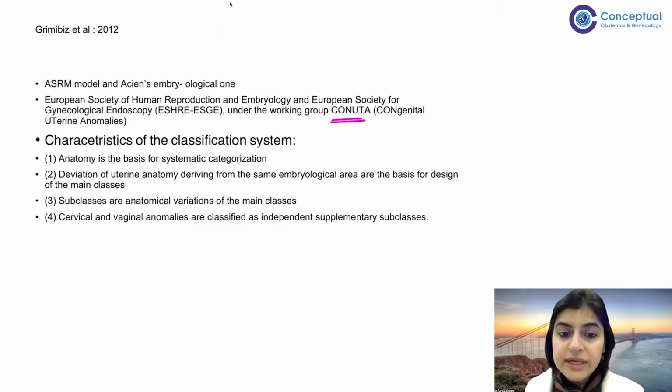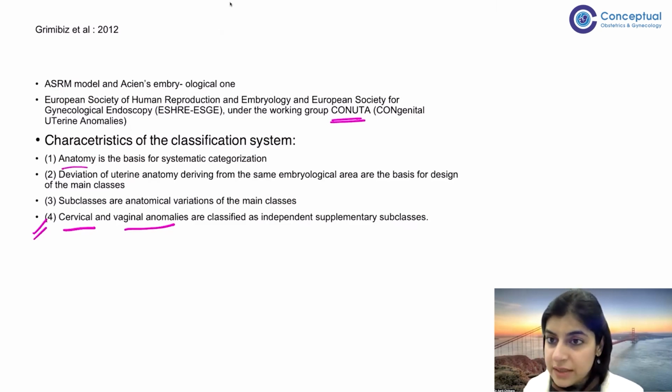Deviations of uterine anatomy deriving from the same embryological origin are the basis of design of the main classes. Subclasses are anatomical variations of the main classes. Cervical and vaginal anomalies are classified as independent supplementary subclasses. It is very important, this point: cervical and vaginal anomalies are independently subcategorized here.